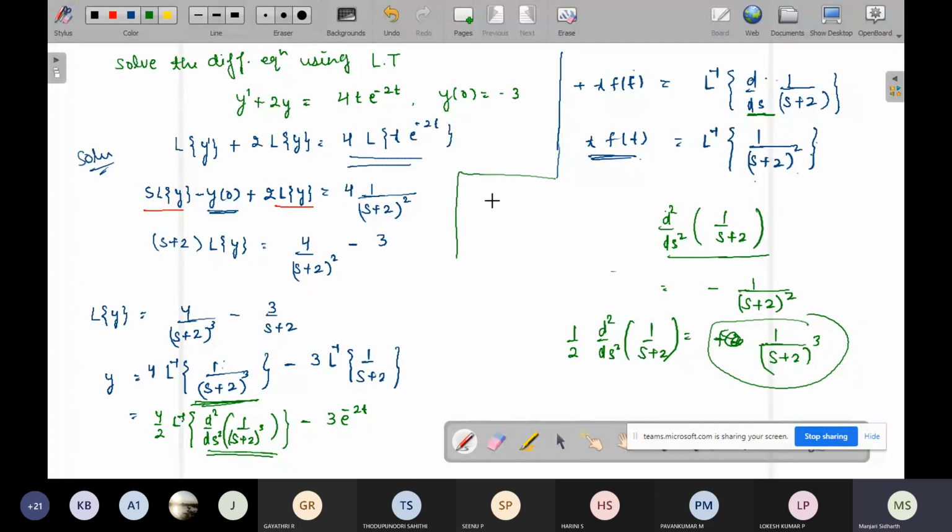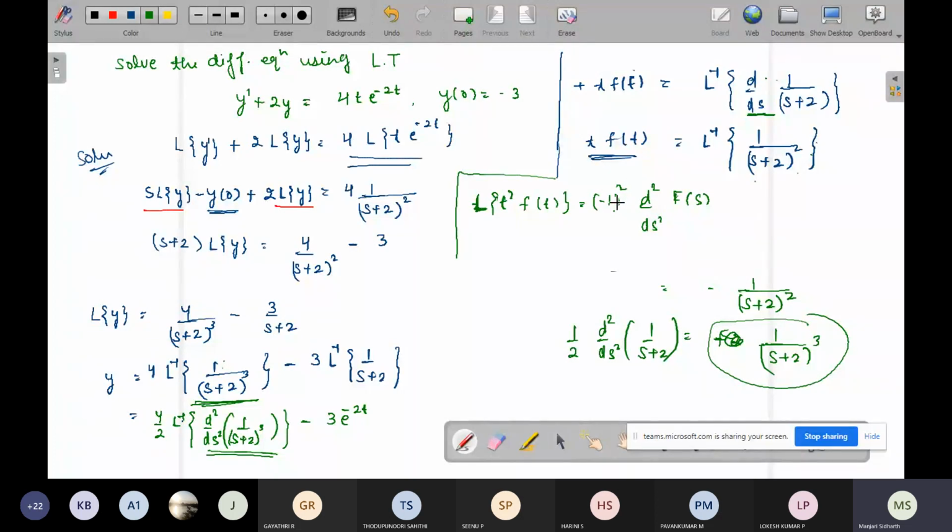If I write the formula again, the Laplace transformation of t square f(t) is nothing but positive value, because minus 1 power 2, and d2 over ds square of F(s), right?